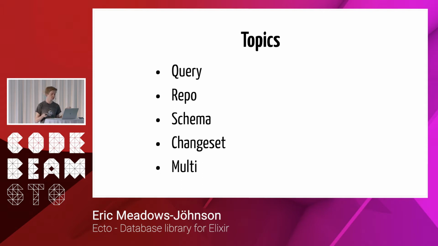Changesets is how we perform data validation, consistency checks, and we track changes before inserting or updating database records. Finally, we have Multi. We use Multi to compose multiple database operations that we will execute inside of database transactions.